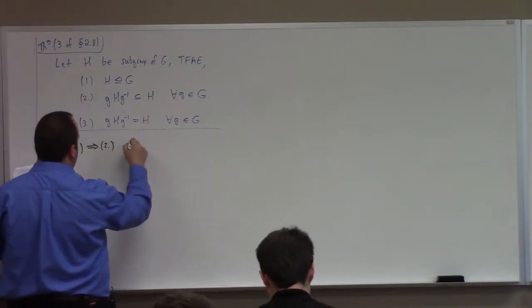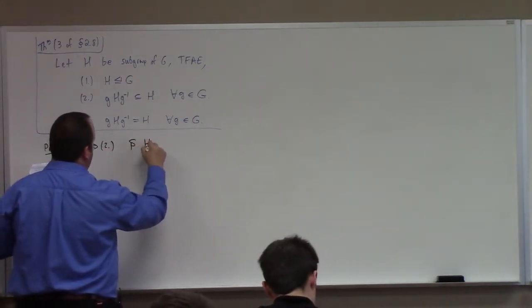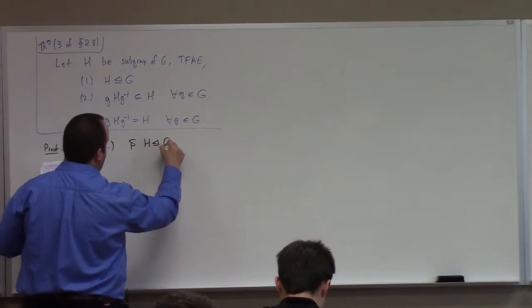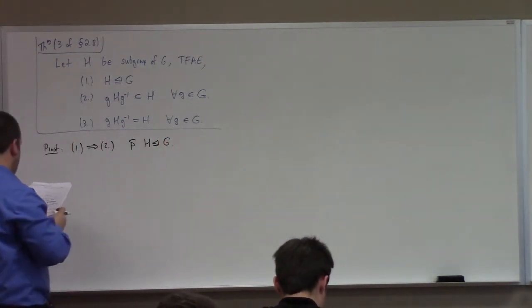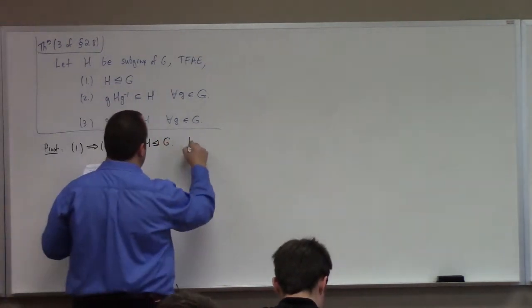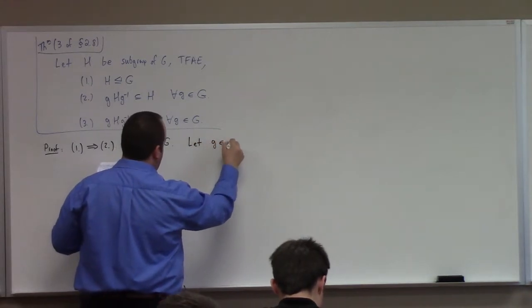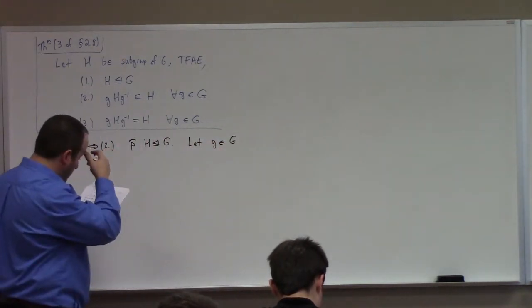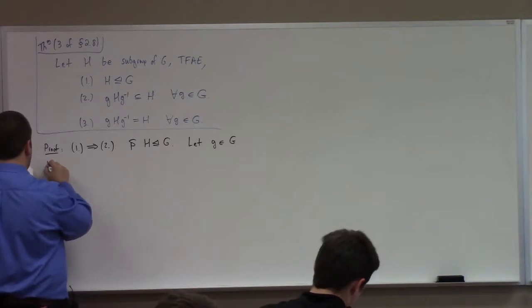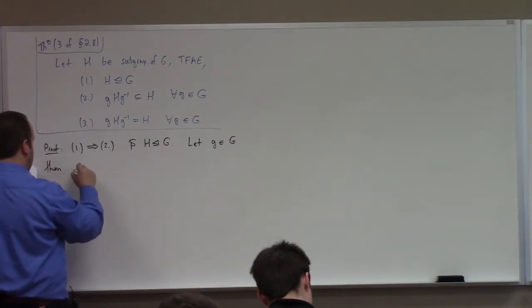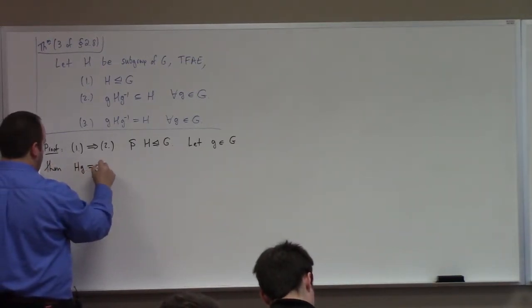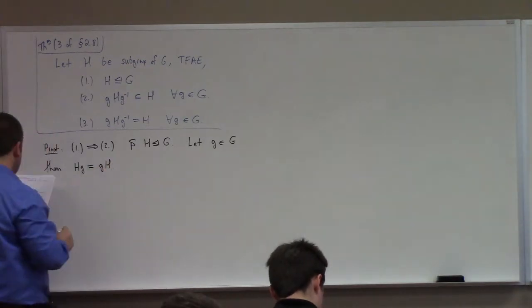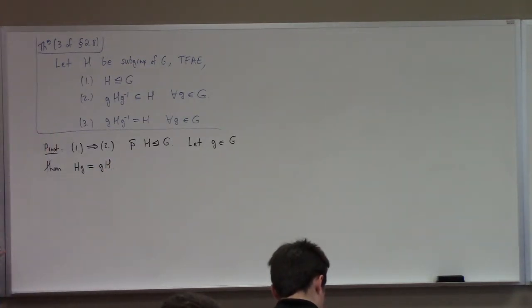Okay, so suppose that H is a normal subgroup of G. Let g be an element of G. Then, of course, we have that Hg is equal to gH by normality.